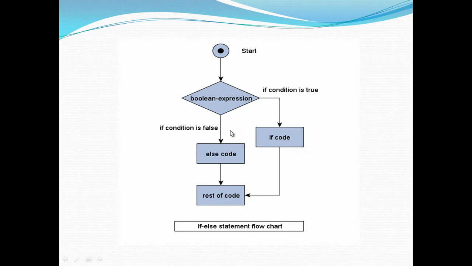Again, if the condition comes out to be false, then the else code gets executed followed by the rest of the code, and the if part is skipped. So friends, either the if or the else part gets executed depending on whether the condition is true or false. Let's move ahead to Eclipse and see how to code an if-else statement.